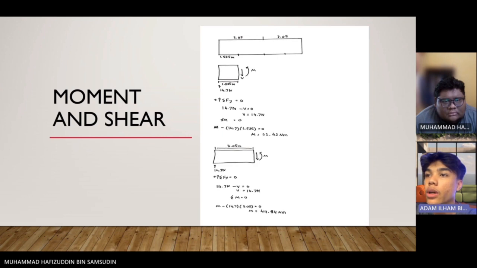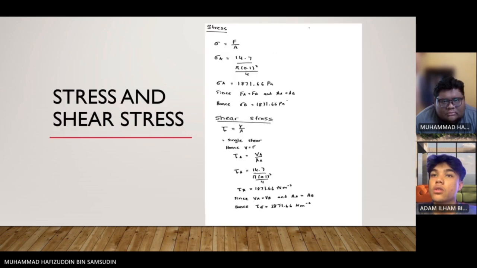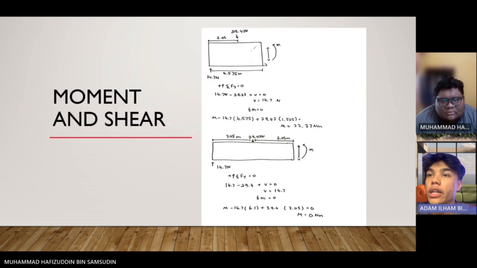For the second square, the moment is 44.84 Newton meter. The third square has a moment of 22.37 Newton meter. And lastly, the moment of the fourth square is 0 Newton meter.